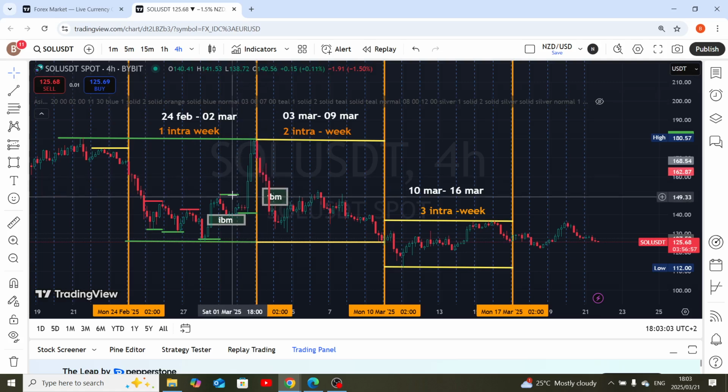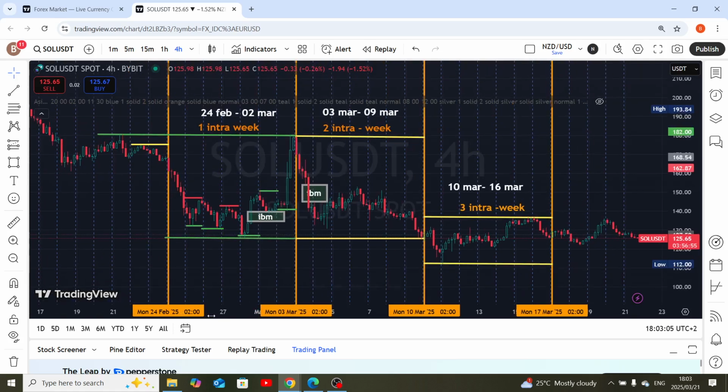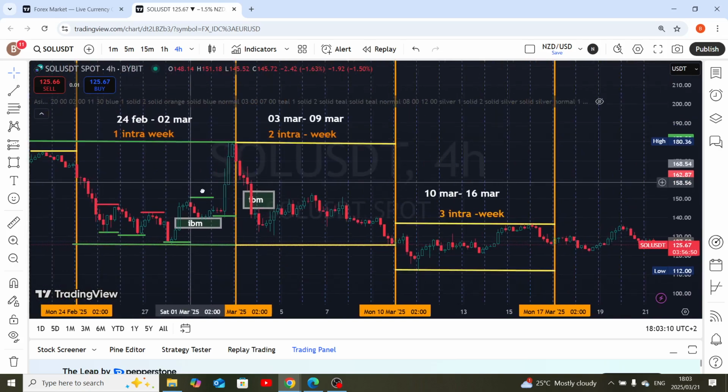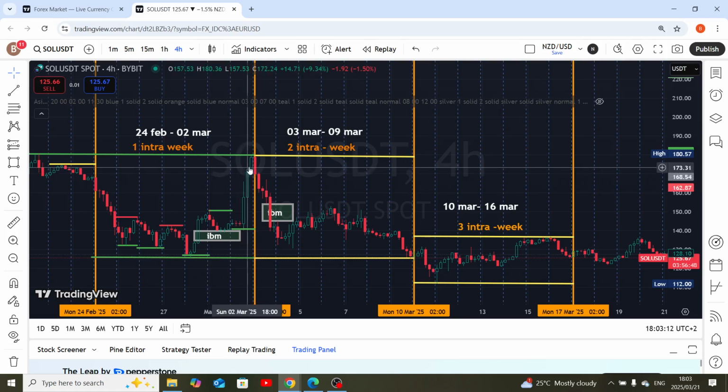So if we can look at this clearly, let's see what happened on Monday. The institutions placed a sell order on Monday. So it means that it's going to be 2 sell orders, I can say. We can actually see a sell order here. So I'm going to mark that sell order here.